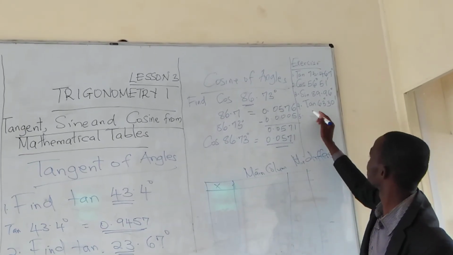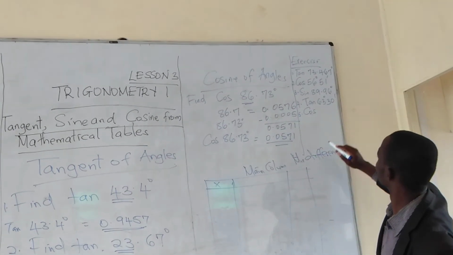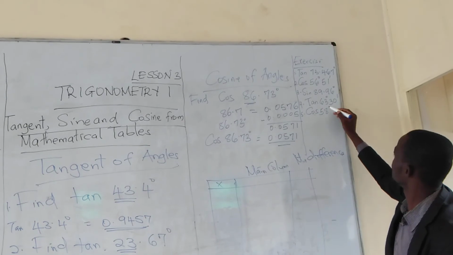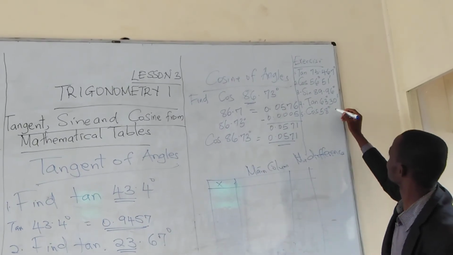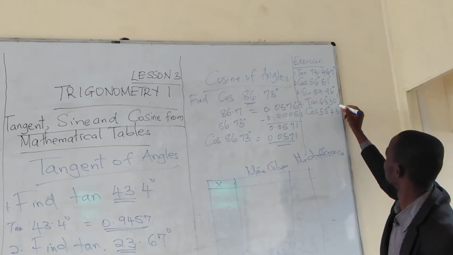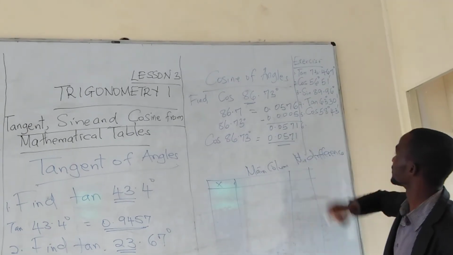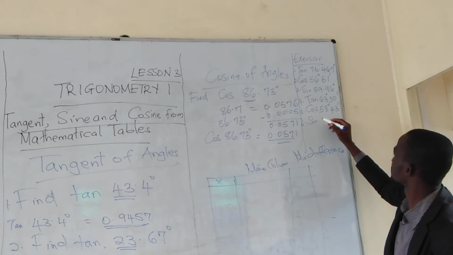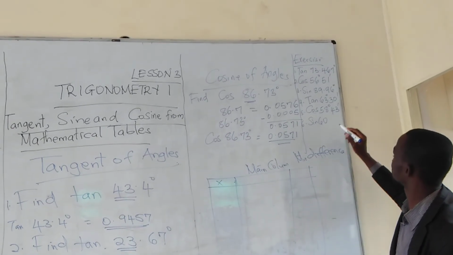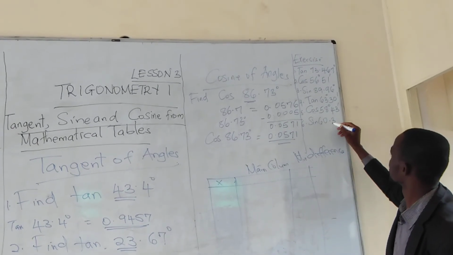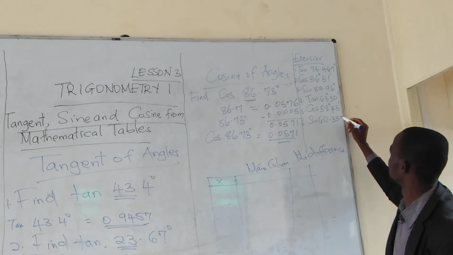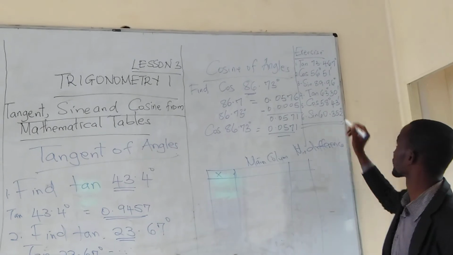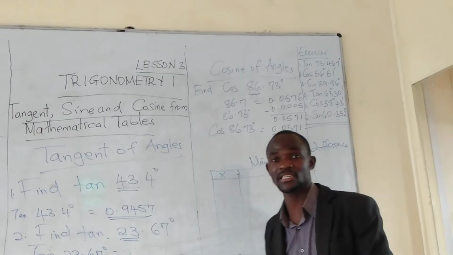I want you to find cos 58 degrees 43 minutes. Then finally, the sine of 60.352 degrees. Go through that exercise.